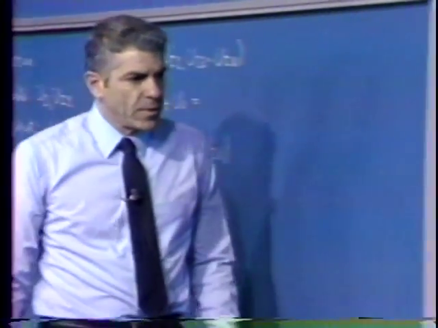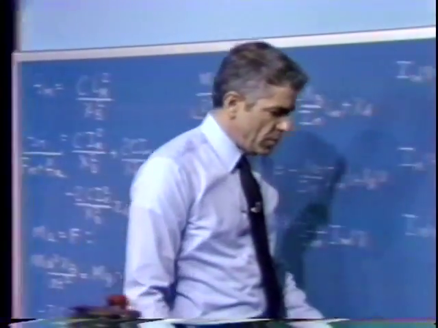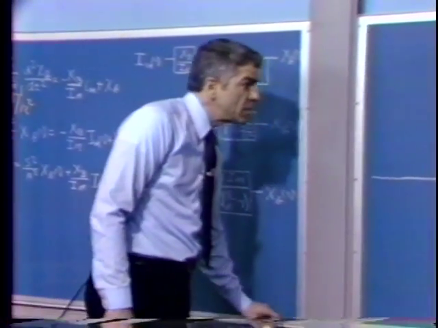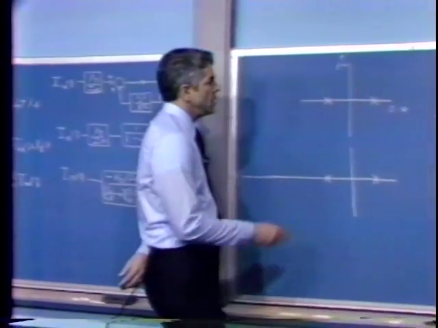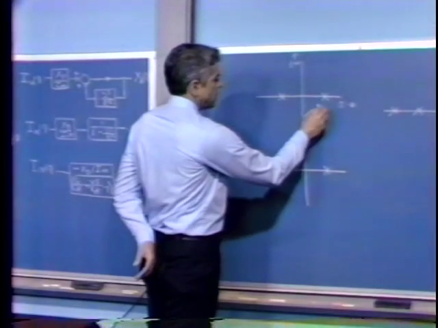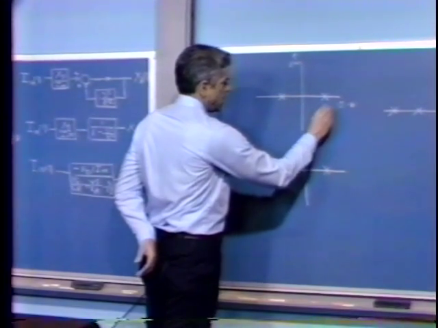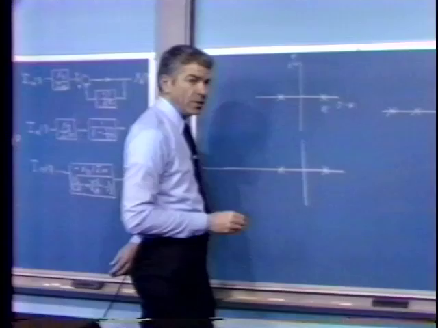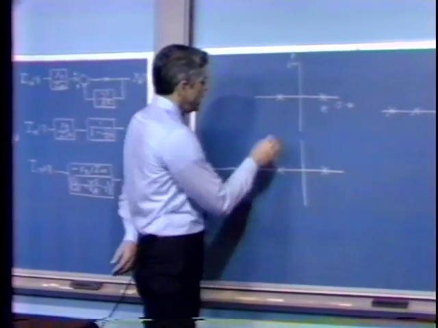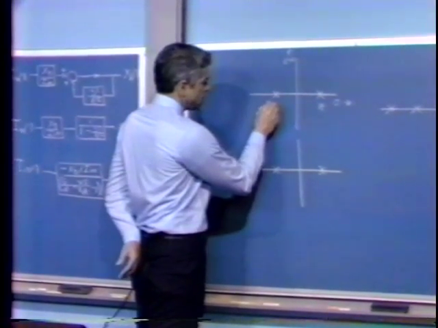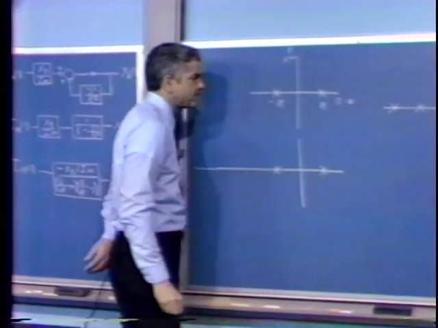The dynamics of the magnet and ball system provide two poles. As we mentioned earlier, one of these is in the right half plane. We have a pole at s equals k, and that's the one, of course, that gets us into trouble, the right half plane pole, as well as a pole at s equals minus k.